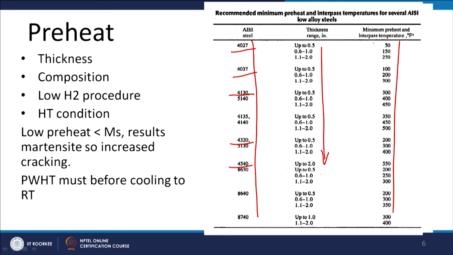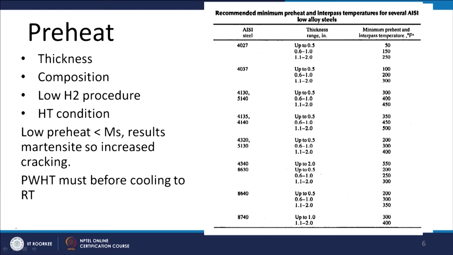As we can see, with the increase in section thickness to be welded, in general preheat temperature and interpass temperature increase. Likewise, the steels of higher carbon equivalent will need a higher value of the preheat and interpass temperature. That is what we can see from this table.